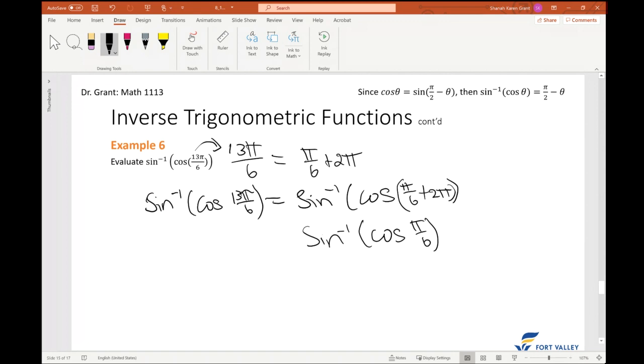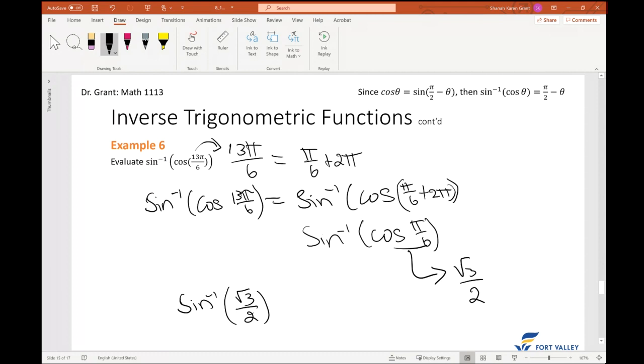And so we know that cosine of pi over 6 is going to be equal to root 3 over 2. So really we can evaluate sine inverse of root 3 over 2.